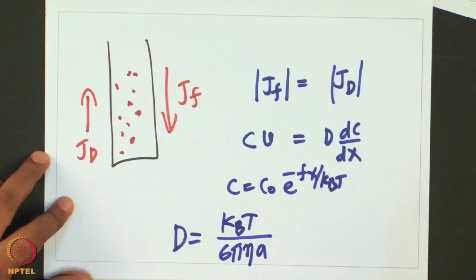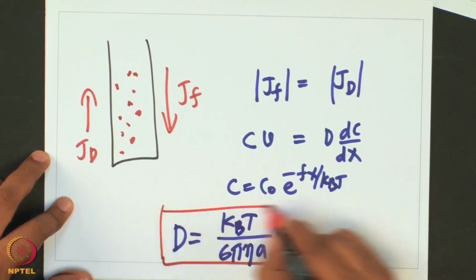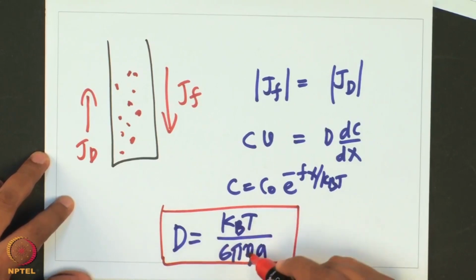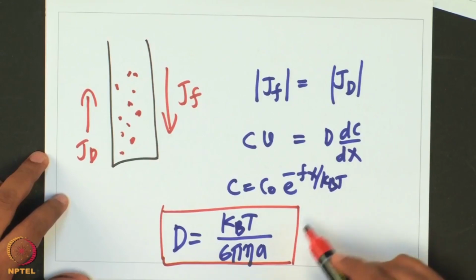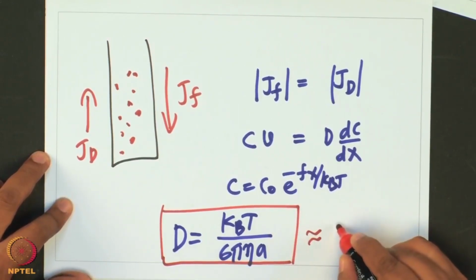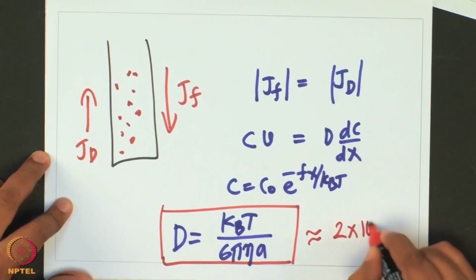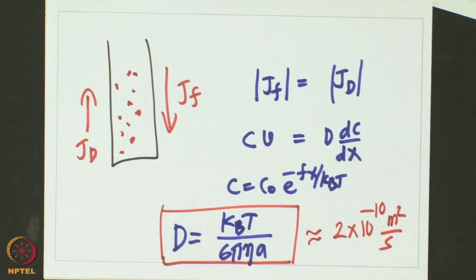This is the famous Einstein relation. It relates the diffusion coefficient to temperature and viscosity, and we calculated approximately 2 into 10 power minus 10 meter square per second for a protein of 1 nanometer.